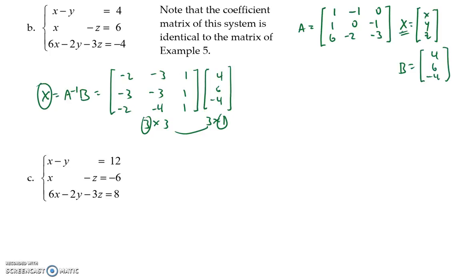So to produce this matrix X, we multiply A inverse and B. Let me show you what we obtain.